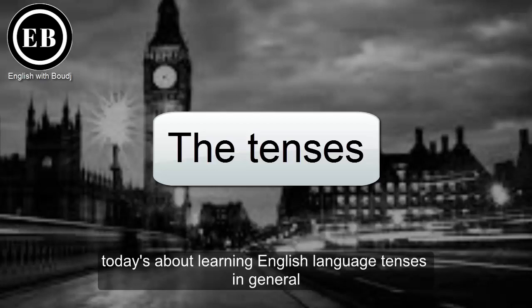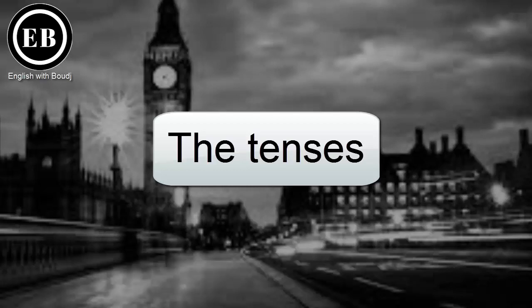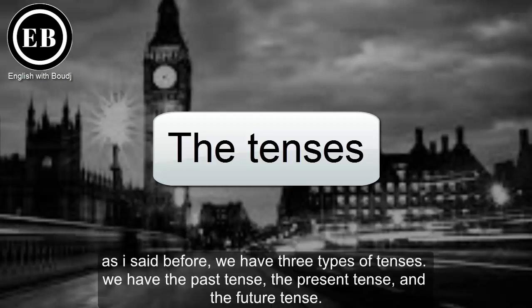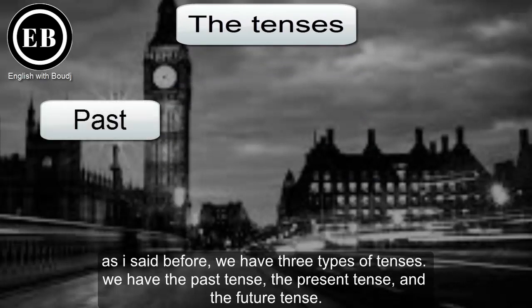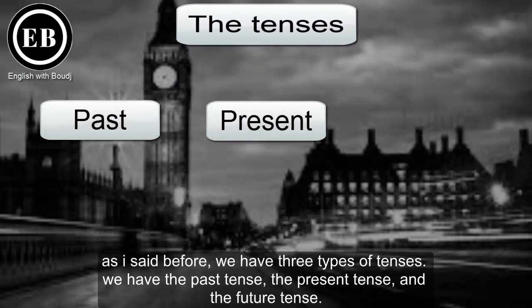Today is about learning the English language tenses in general. As I said before, we have three types of tenses: the past tense, the present tense, and the future tense.